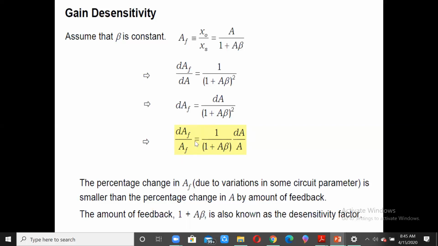That means the percentage change in Af, the feedback amplification, is reduced by the amount 1 plus A beta for whatever percentage change in A is there. So if A changes due to some reason, then Af changes only by the change in A divided by the value of 1 plus A beta. Hence, we call this 1 plus A beta the desensitivity factor.